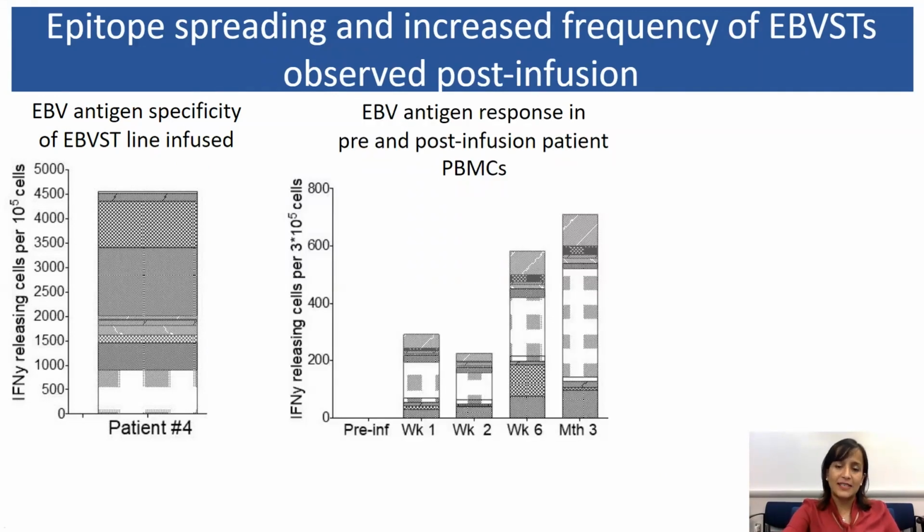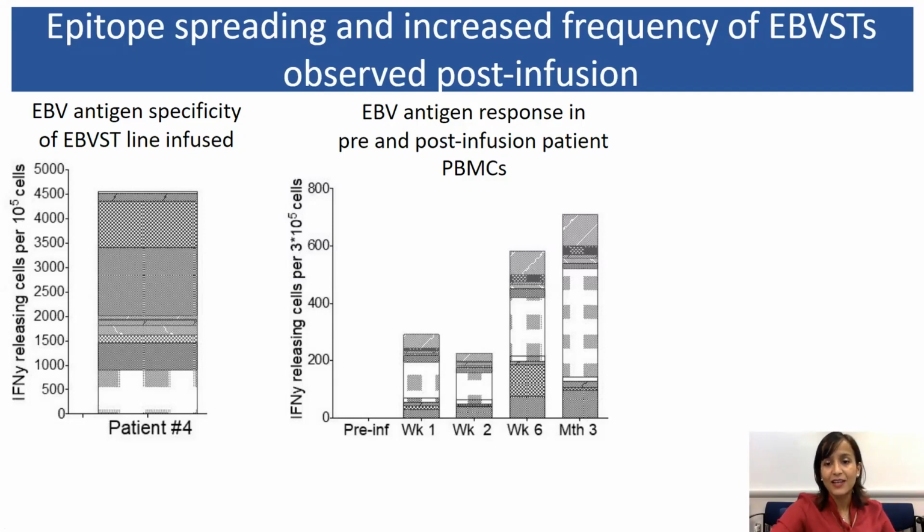And as you can see here, over the different weeks after infusion of our T cells, we can see that there is an increase in the number of T cells that are secreting interferon gamma in response to EBV antigen stimulation in the patient PBMCs during their follow-up, which is really exciting.